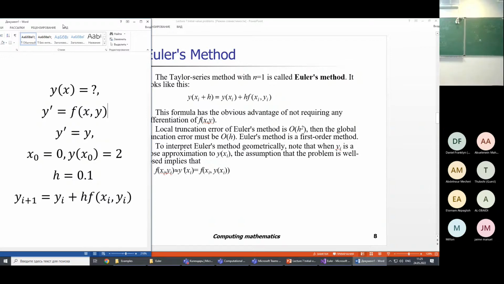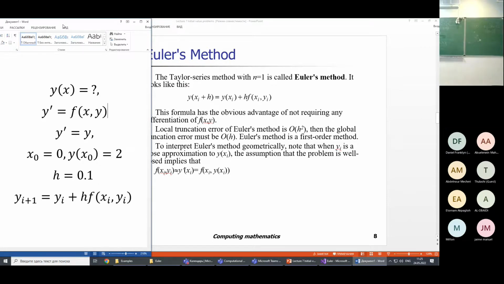So for y2, we should take the previously computed value of y1.